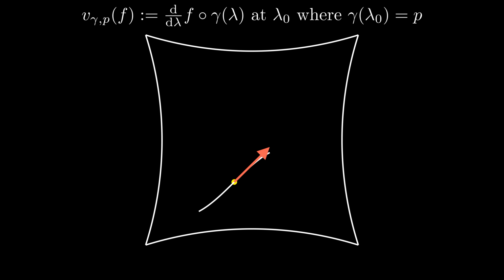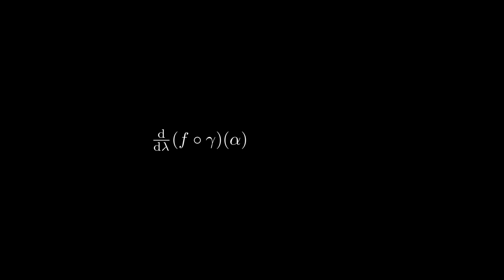To compute the components of these vectors, we use charts. If we take an arbitrary chart, we can do the following. From now onwards, I will write derivatives in the following notation.